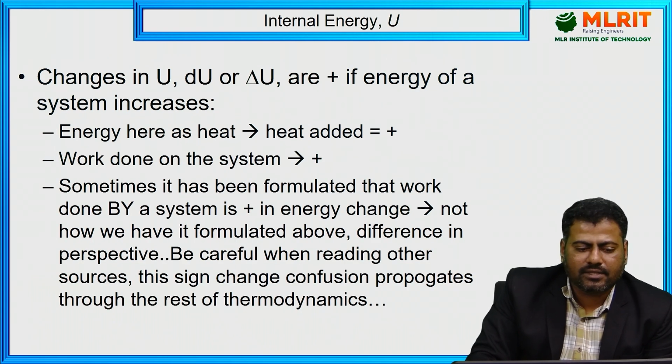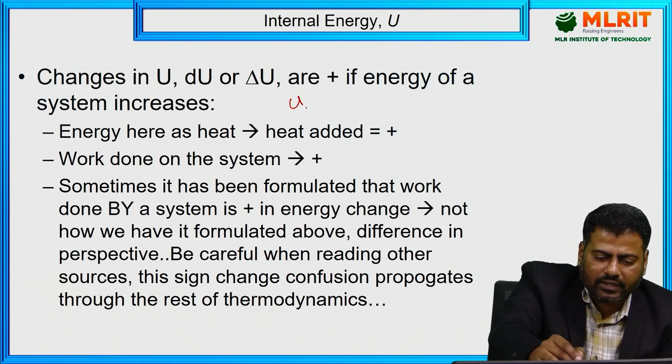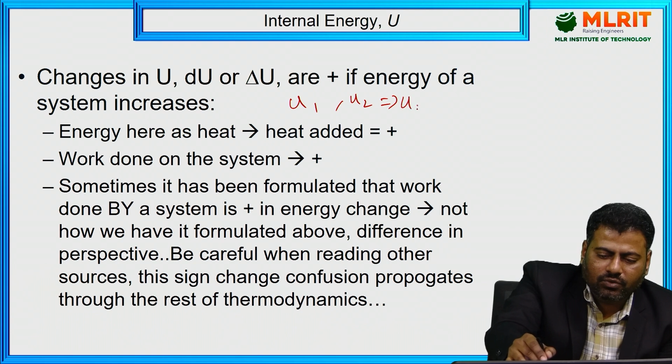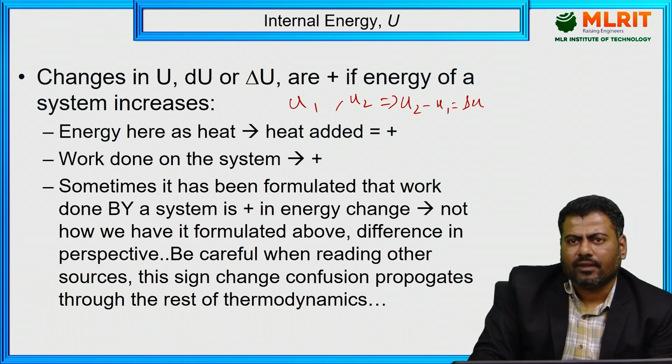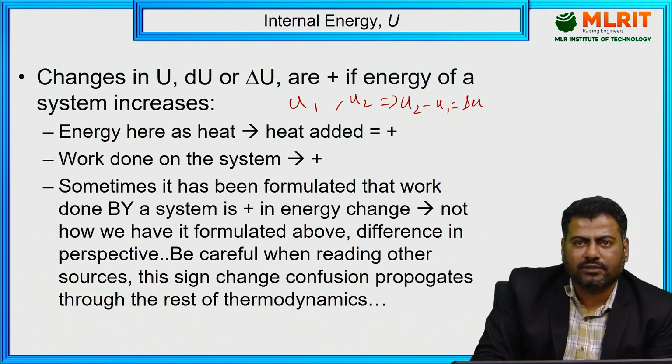So this is about heat energy, or the form of heat. Another one is internal energy, right? Whatever heat energy you have supplied to the system is stored as internal energy. That is what we discussed, right? With respect to state, U1 is the initial state and U2 is the final state. So U2 minus U1 is what we call del U. There also, del U may be positive or negative.